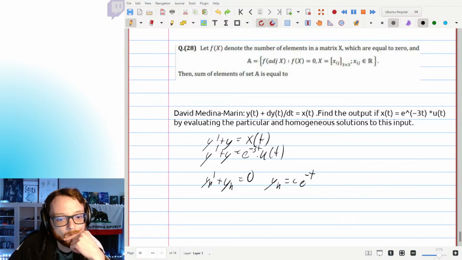Interesting. U is a unit step function? Oh, okay. That would make sense if it does come from like a circuit.